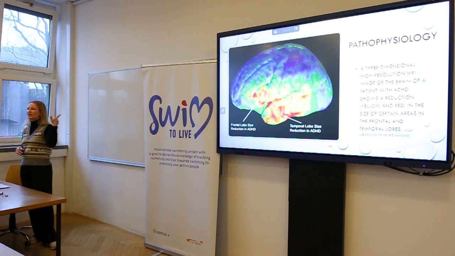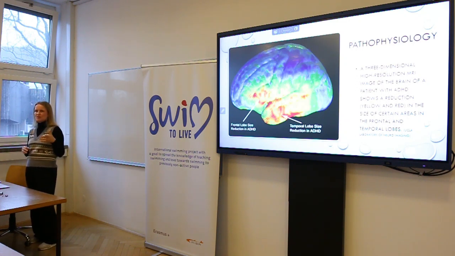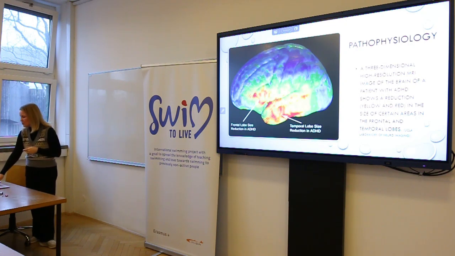You can see here different colors. They were looking at how the brain is consuming glucose, and we know that if the glucose is consumed at lower levels, the brain is hypoactive. So in children, in adolescents, in subjects with ADHD, the brain is actually hypoactive, especially in these two domains.